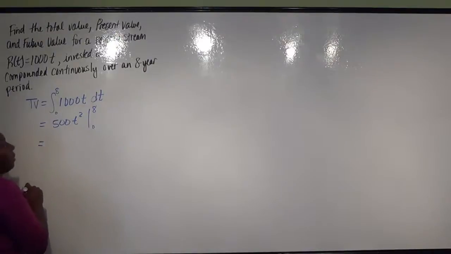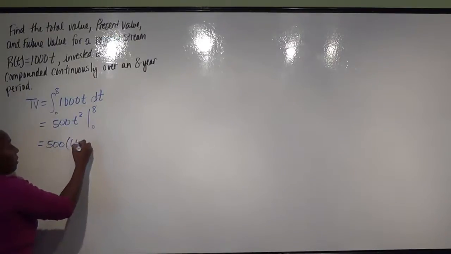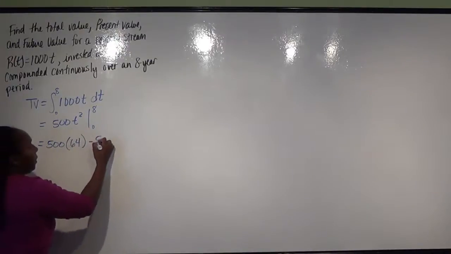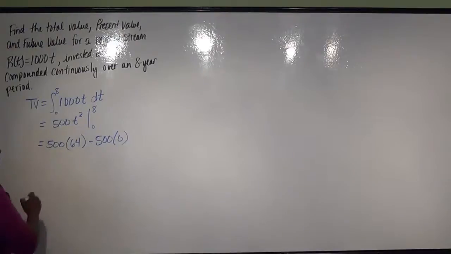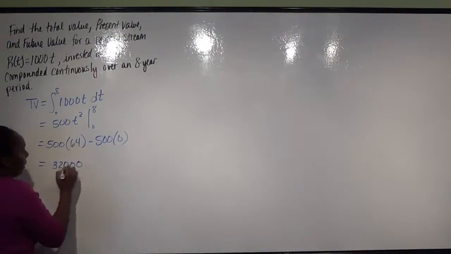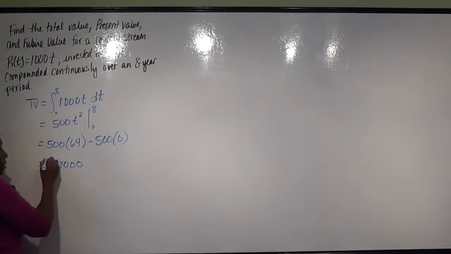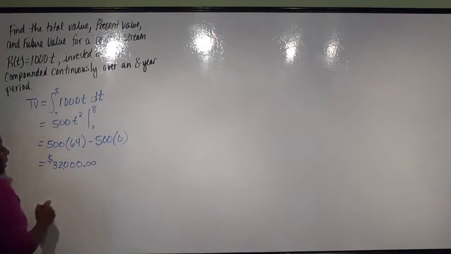Plugging in at my upper limit, we'll have 500 times 64 minus at the lower limit 500 times 0. So multiplying out, we get $32,000 as our total value. Okay.